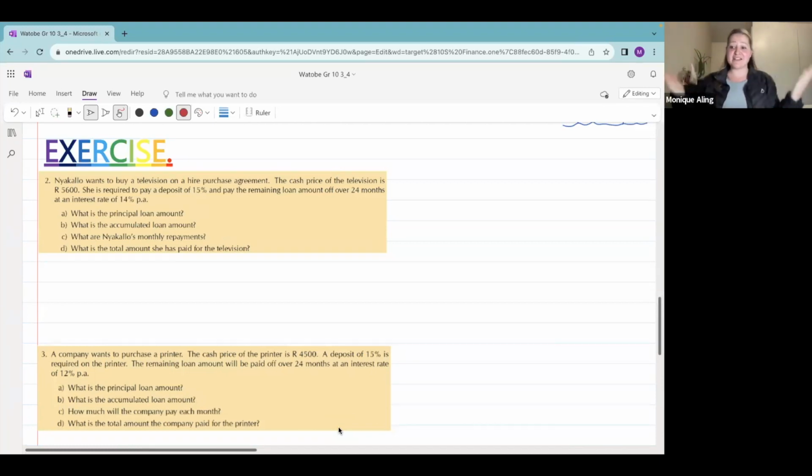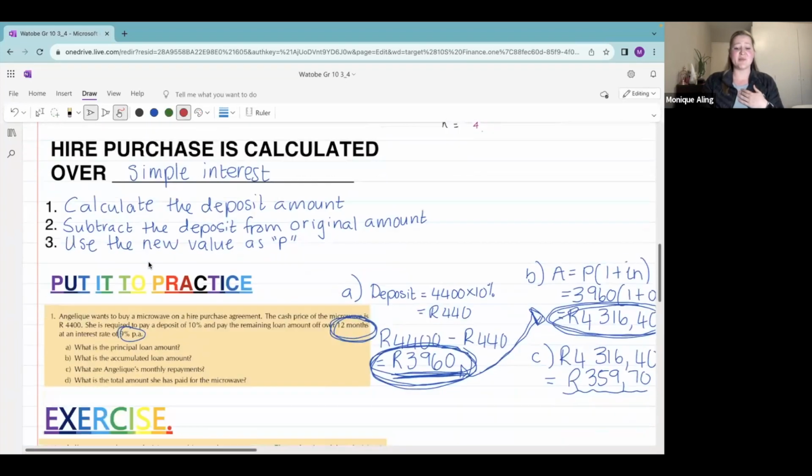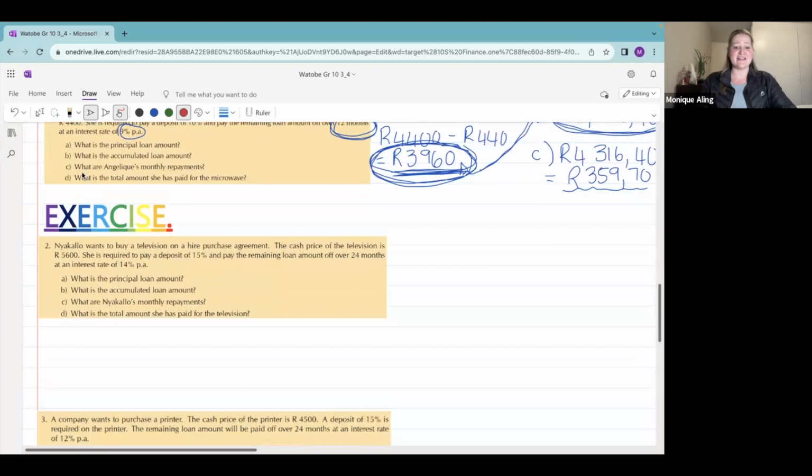Fantastic. So guys, our very first step, we wrote it down, hopefully, or took a screenshot of it. The very first step is calculate the deposit amount. So to calculate deposit, we take the amount and we times by the percentage. So she needs to pay 5,600. Okay, but the deposit is 15% of that.